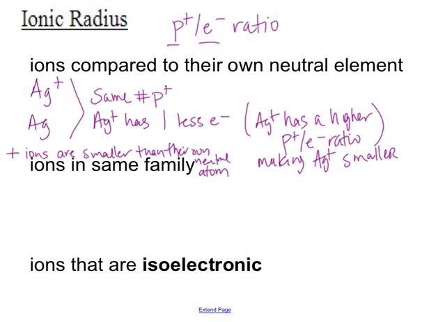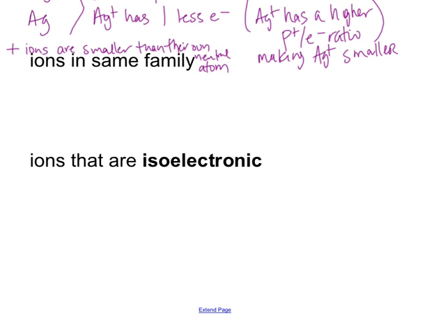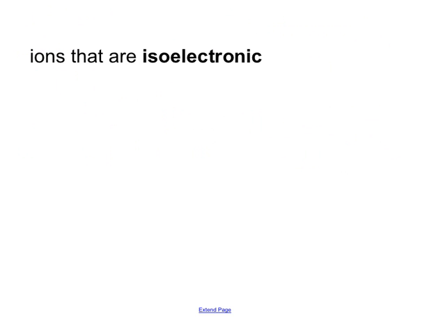Okay, I've run out of space, so I'm going to extend this page and talk about S and S minus 2. What do they have the same? Same number of protons. But what can you tell me about S minus 2?